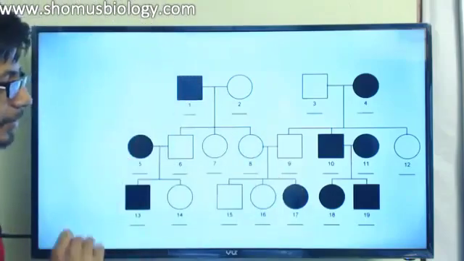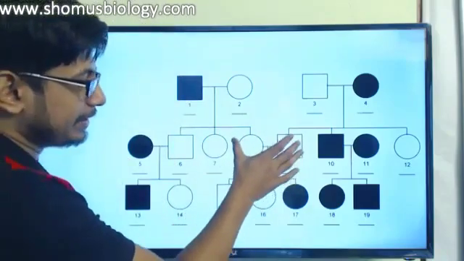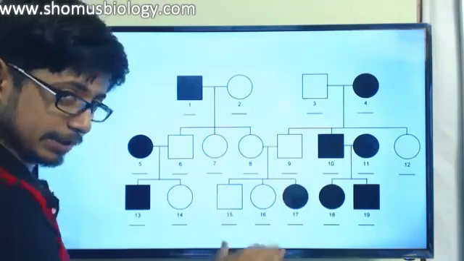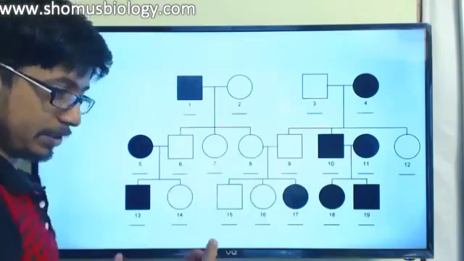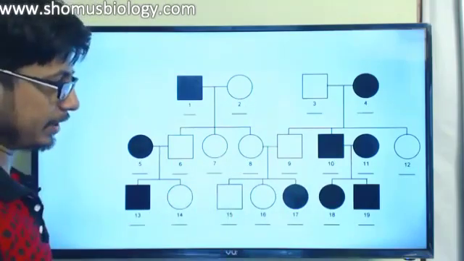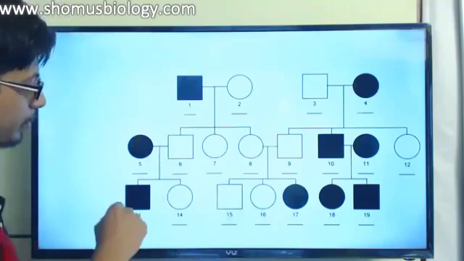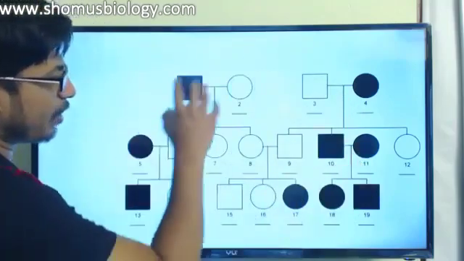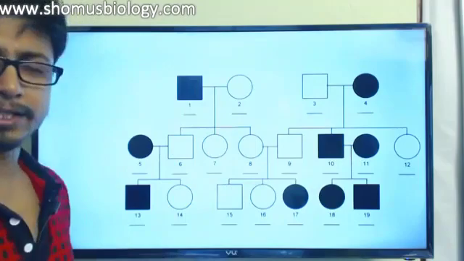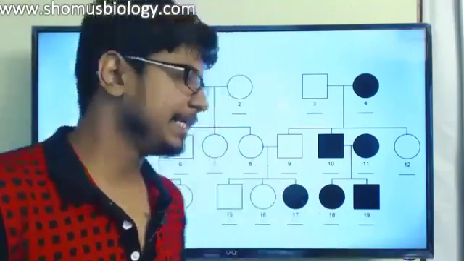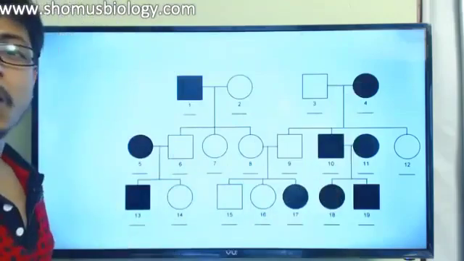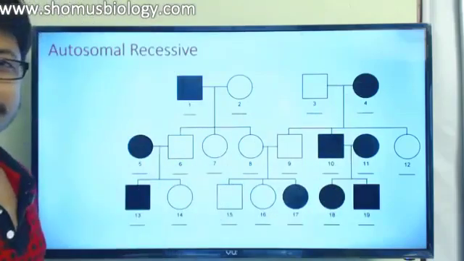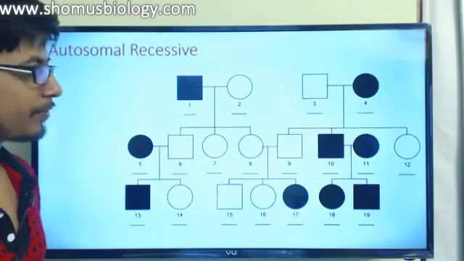So that's another clue about recessive, because in this generation there is no disease, but now the disease is coming back again, so it's skipping generations, so obviously it's recessive. And also you can see that male and female are almost equally affected. It's not like males are more affected. So we are confirmed that this pedigree is an autosomal recessive pedigree without any doubt.